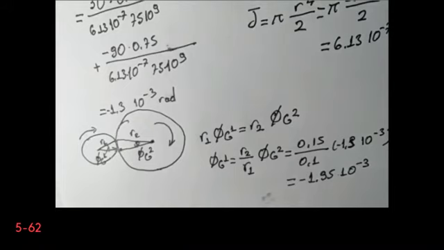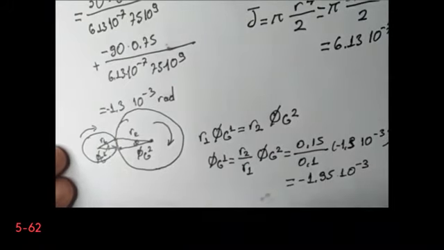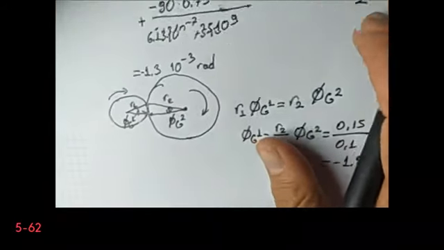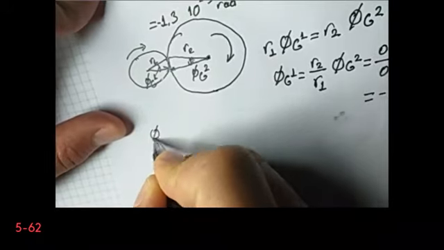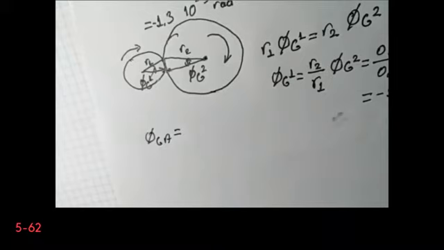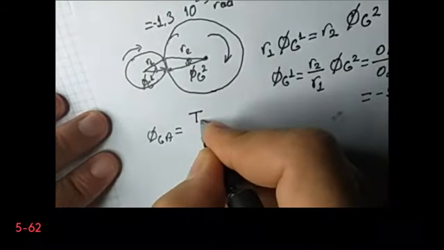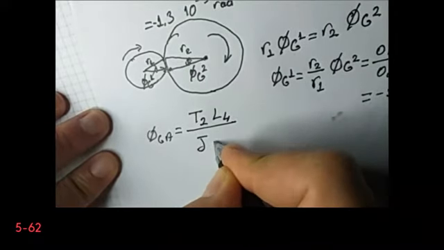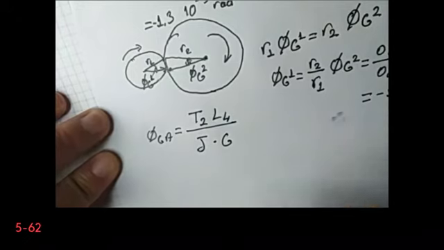So, angle of twist of A with respect to the gear is equal to T2 multiplied by L4 divided by J multiplied by shear modulus.